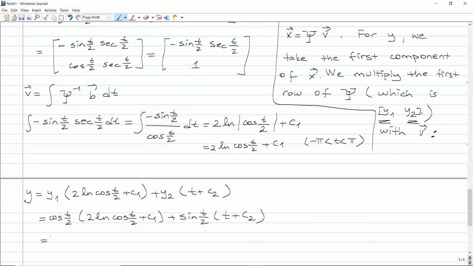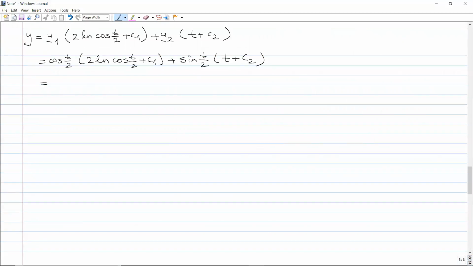So if you take the constants, you have constant c1 times cosine t over 2 plus the constant c2 times sine t over 2. This is the piece coming from the homogeneous equation, what we called y sub h.